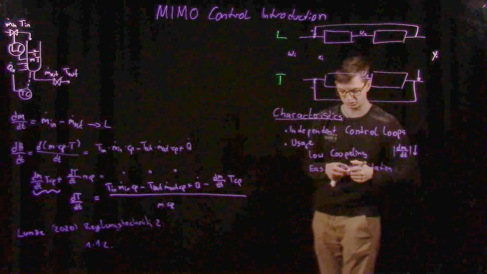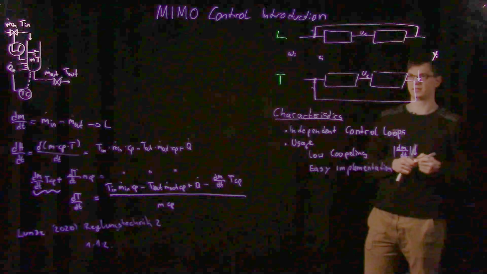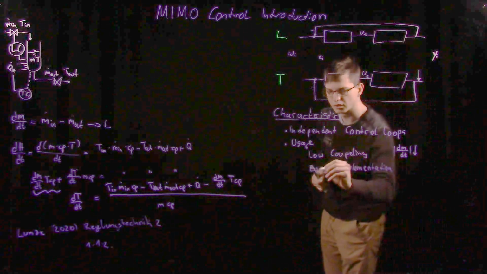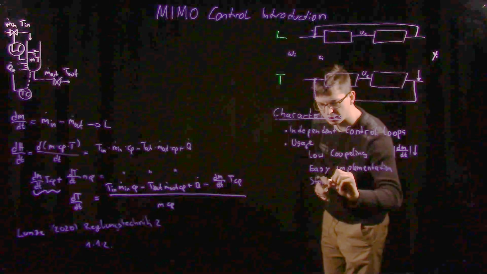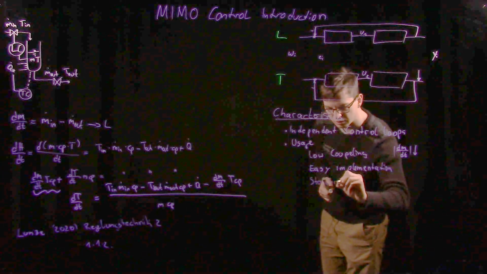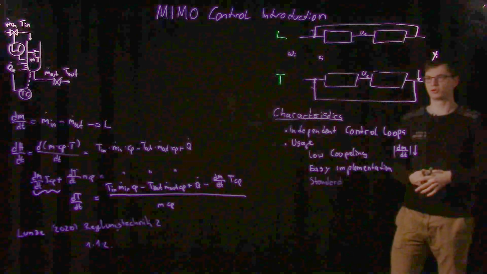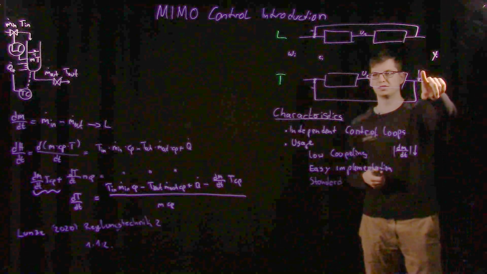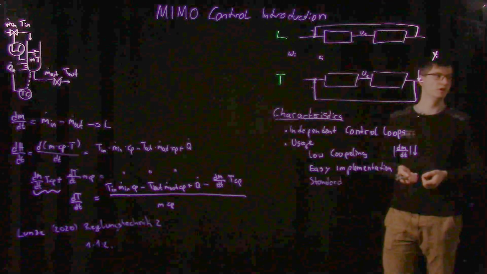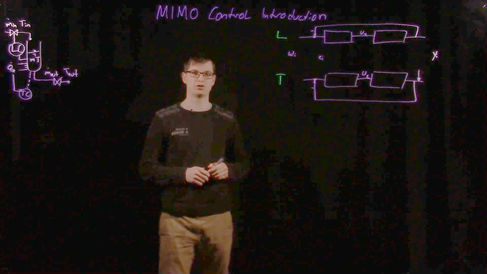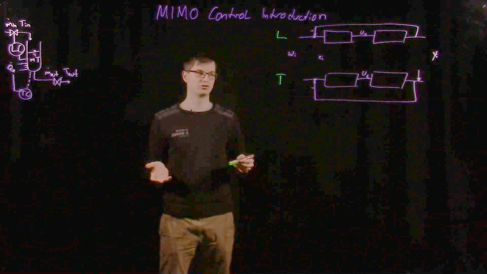And they are still a standard in the industry, so you will always find them. You quite often ignore this disturbance and accept this as a systematic error within your model.